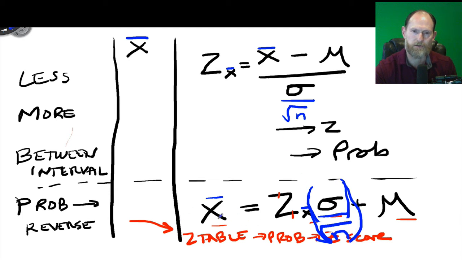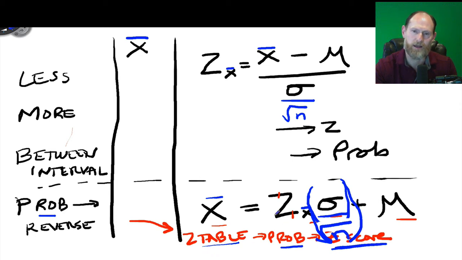But then once we have that sample average, we have everything we need. And again, here the process is the same. If we're given a probability and we need to determine the sample average, we're going to shrink down like Mike TV, get inside that Z table. We're going to find the probability we've been given, and then find the corresponding Z-score. So in other words, we're going to work our way from the inside of the Z table out.